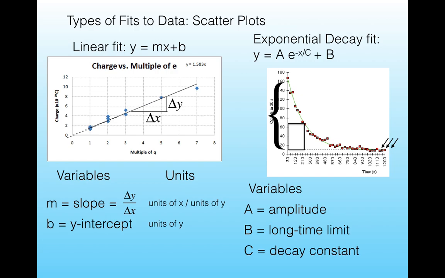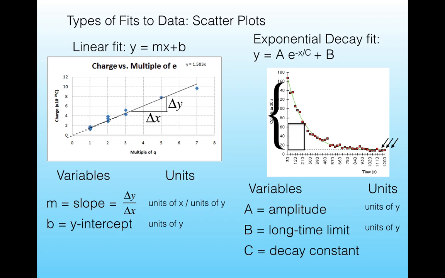That makes sense because if you plug these units into the equation, then we know that b must have the same units as y, but m must have the units of y over x. In the same way, the exponential decay fit variables also have units. The amplitude has units of y, and the long time limit also has units of y.